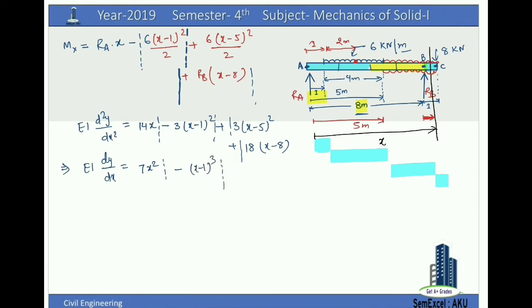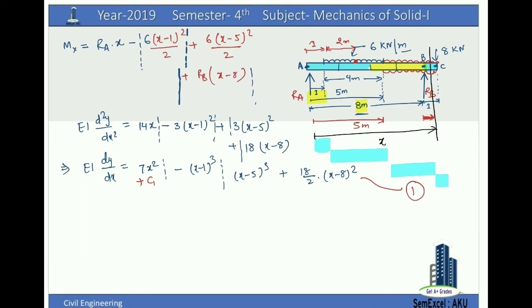Again we have to integrate it, it will be equal to x minus 5 whole cube, and the last part will be equal to 18 into x minus 8 square by 2. Now we have to also write the constant of integration. Let's say it is c1 and this equation is equation 1.